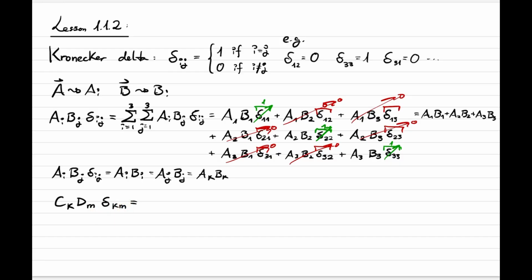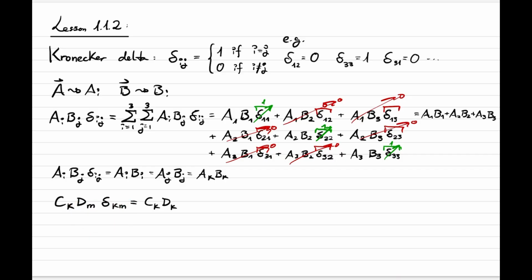So what it does is that it kills the m's and now it substitutes in the k. So this will be ckdk. Well, we could also have said that the Kronecker delta kills the k, and now it substitutes in here the m.